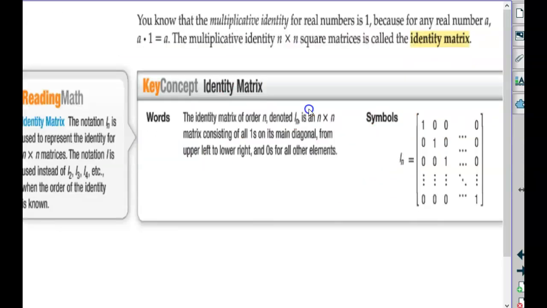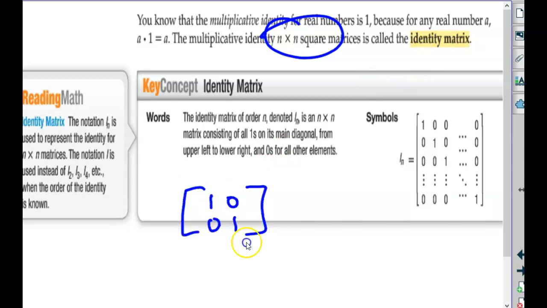All right, matrix multiplication. It says an identity matrix is any square matrix with ones on the diagonal. So a 4x4 identity matrix would look like this. This diagonal needs to be ones, everything else is a 0.